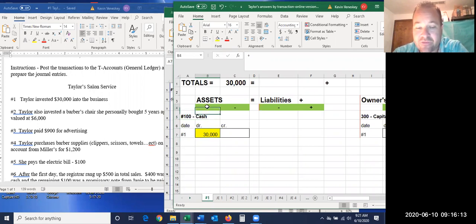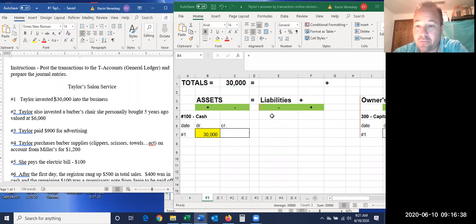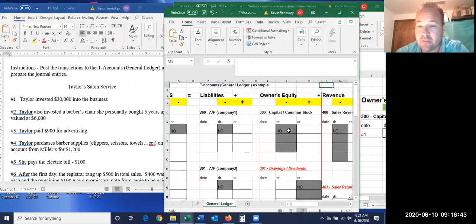And then we have to ask ourselves, does it make sense that the business's cash went up, that it increased 30,000? And yeah, it makes sense. And then the credit question. Remember, the first question is, what did the business get? The credit question is, how did the business get it? Well, Tyler invested it. And whenever the owner puts money into the account, that's when we come over to the owner's equity and we put it here as either capital or common stock.